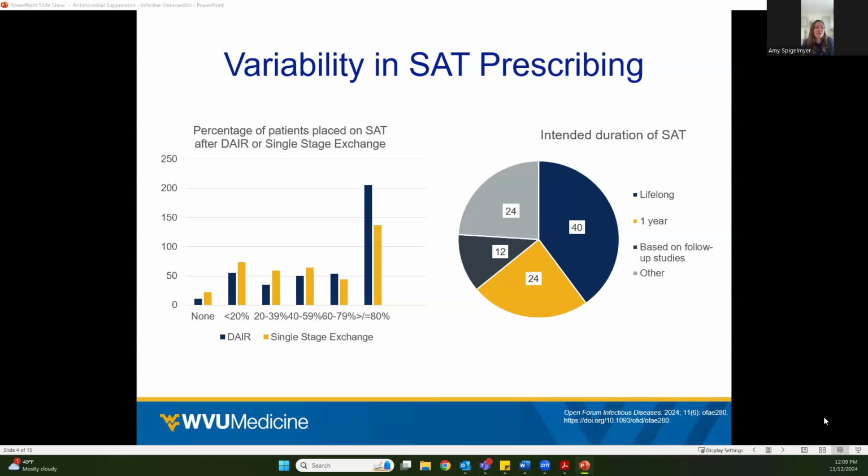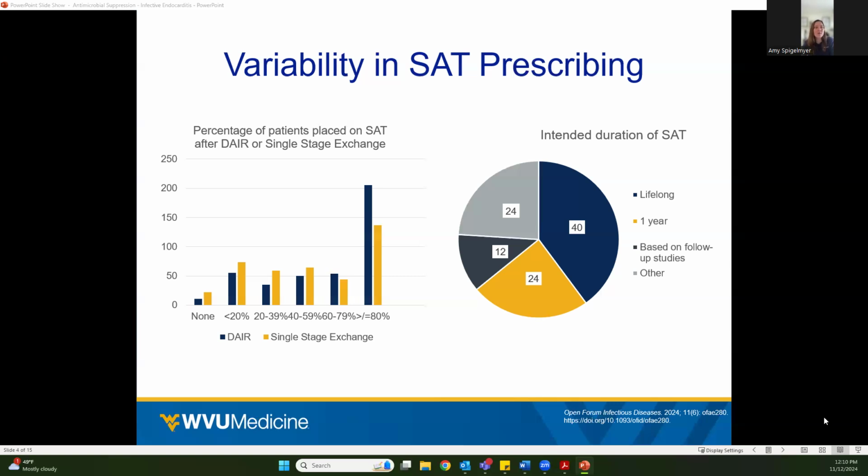But that number of responders dropped down to about 140 for a single-stage exchange. Whereas providers answered slightly differently for between 20 and 79% of the time for either a DARE or single-stage exchange.